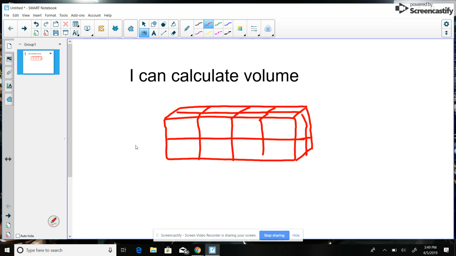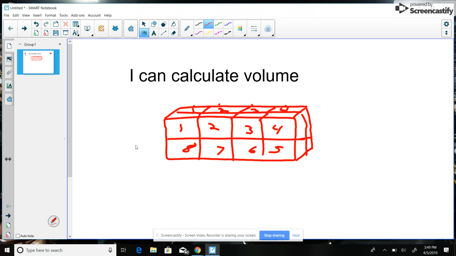So in this one layer, I have 1, 2, 3, 4, 5, 6, 7, 8 cubes, and then another 4 rows of 2. So 1, 2, 3, 4, and then 1, 2, 3, 4 behind the 5, 6, 7, 8 row that you see.